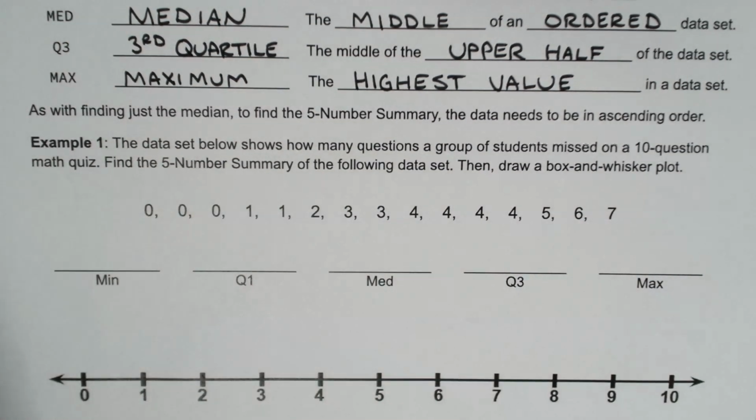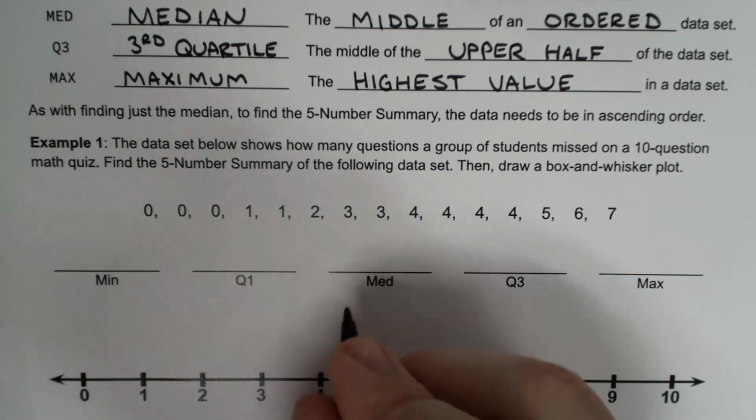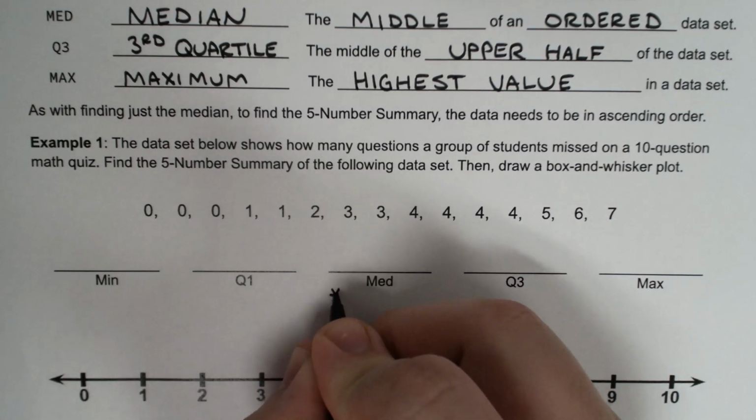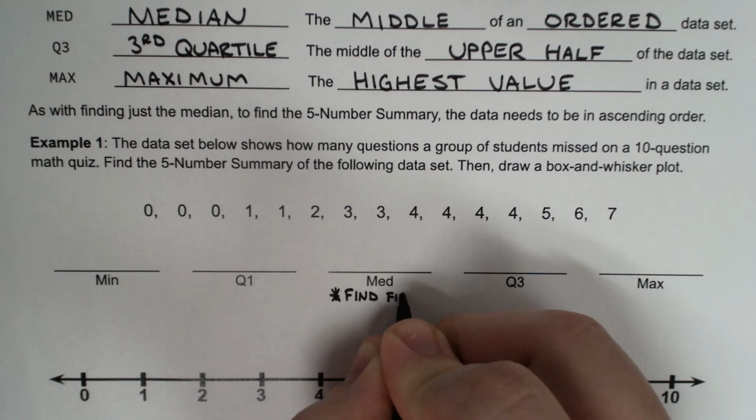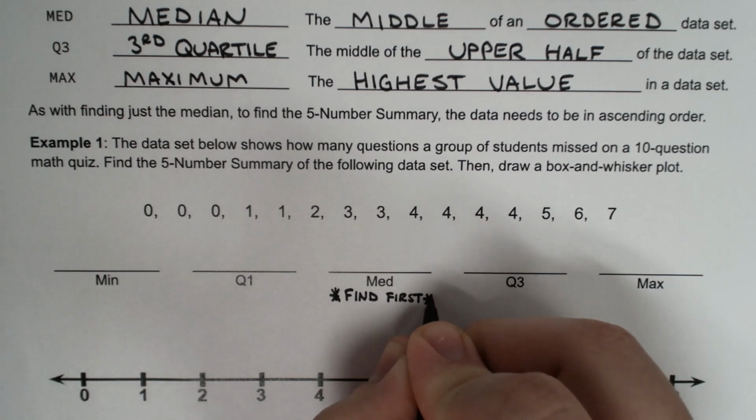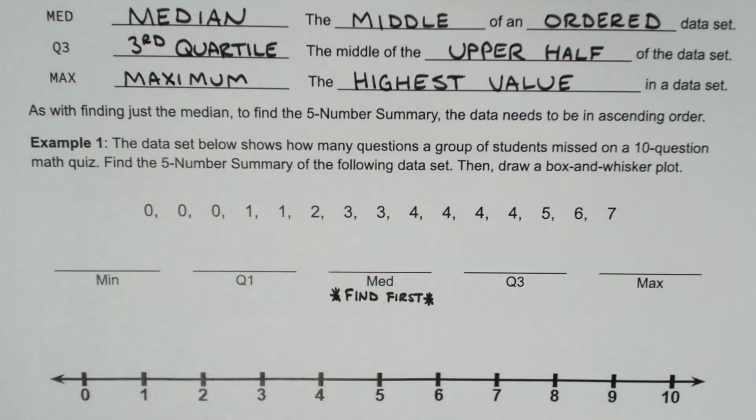So, it's easiest if you start by finding the median first. So I'm going to make a little note. And to find the median, that's the one where we cross out the highest and lowest.